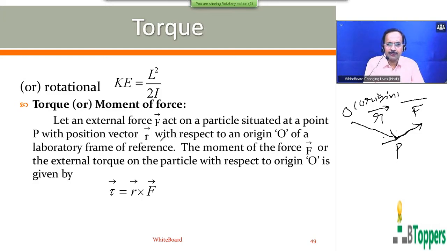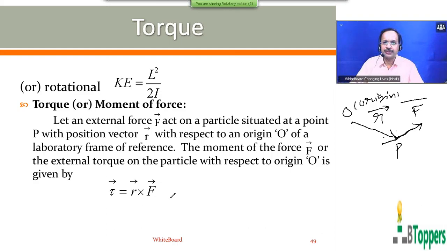Again, I read out, let an external force F bar act on a particle situated at point P with position vector r bar with respect to origin O as a laboratory frame of reference. The moment of the force F bar or the external torque on the particle with respect to origin O is given by tau bar equal to r bar cross F bar.